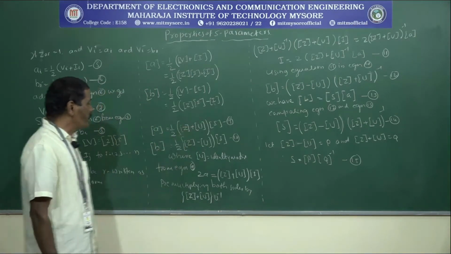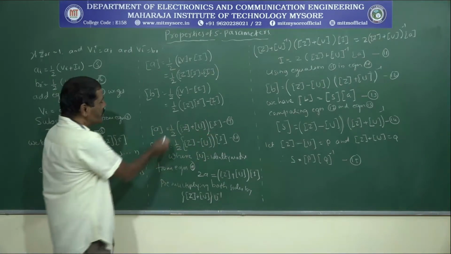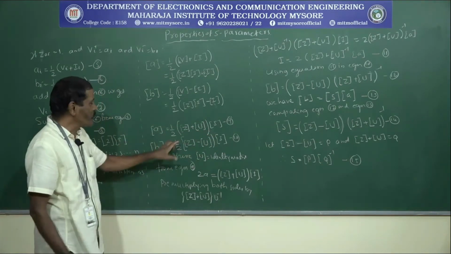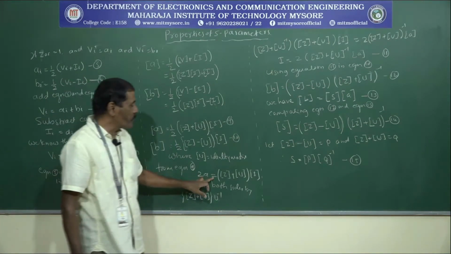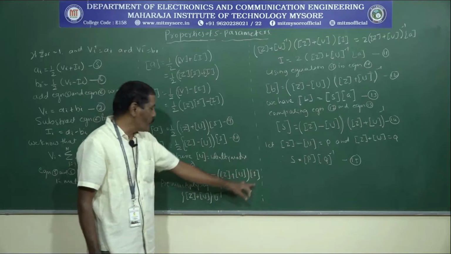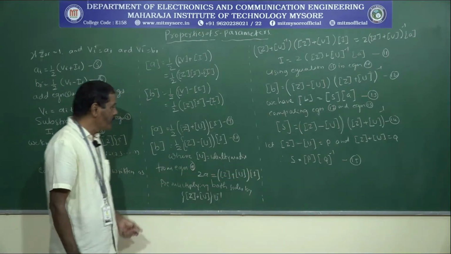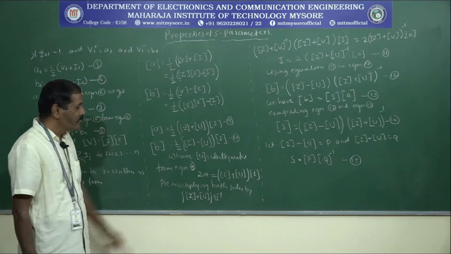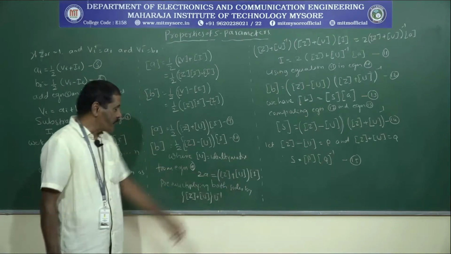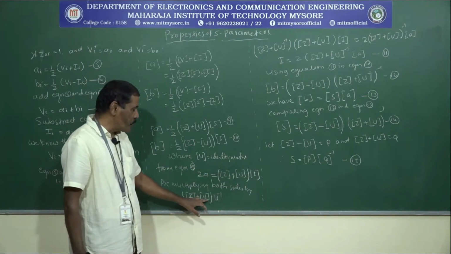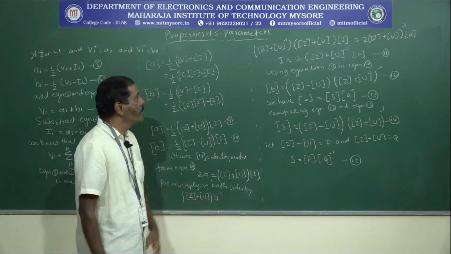Then from equation number 9, just cross multiply it. When you cross multiply, it becomes 2 into A equal to (Z plus U) into I. Then multiply this equation on both sides by (Z plus U) raised to minus 1.